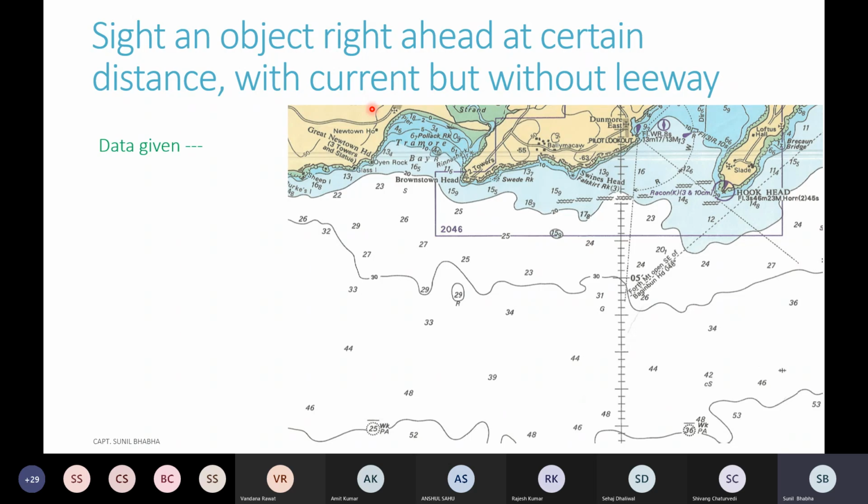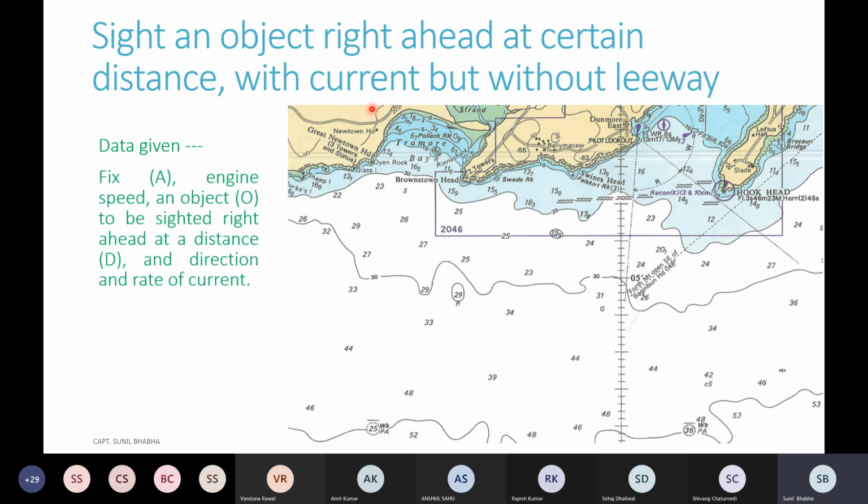Let's first see what all information or data items are provided in this type of question. They will tell us the initial position, observed position or fix of the ship. The engine speed is given to us. A reference object which needs to be sighted right ahead is given to us.